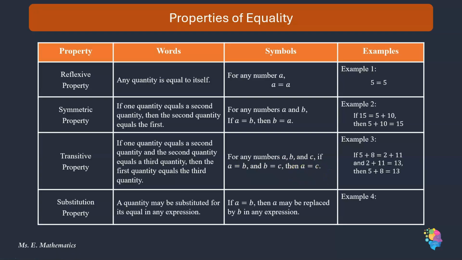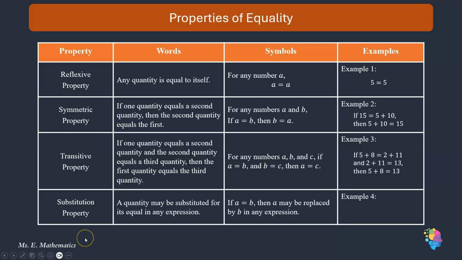So if 5 plus 8 equals 2 plus 11, and 2 plus 11 equals 13, that just means that 5 plus 8 also equals 13. As I said, they sound kind of silly, but they are going to be incredibly helpful later on.